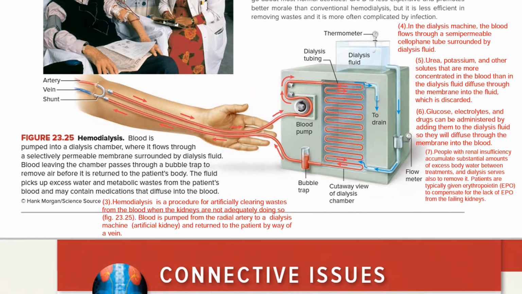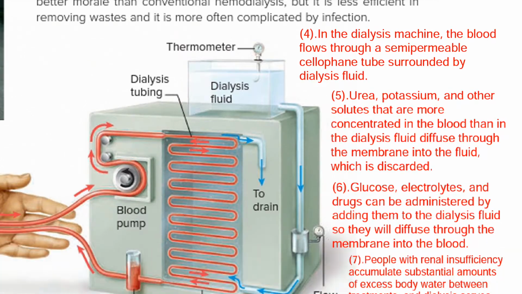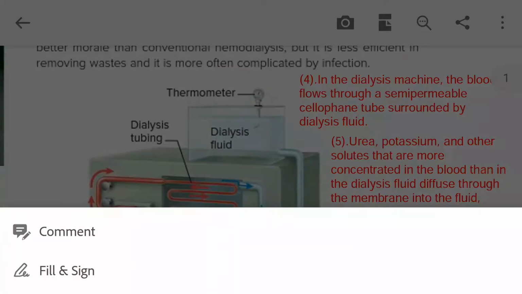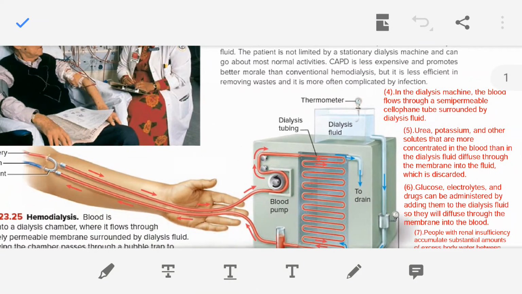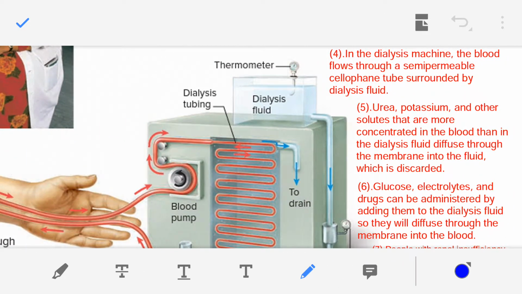Now the fourth point, see. In the dialysis machine, the blood flows through a semi-permeable cellophane tube.